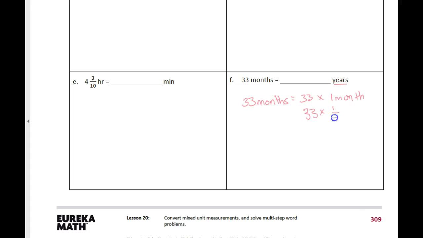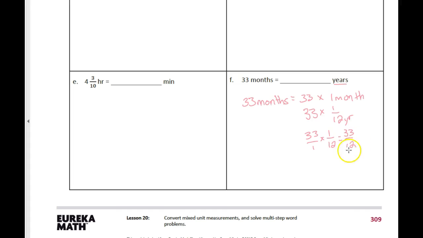It's 1/12 of a year. So now when we go to multiply, it's going to be 33 over 1 times 1 over 12. And it's just multiplying by 1 in both cases for the numerator and for the denominator.